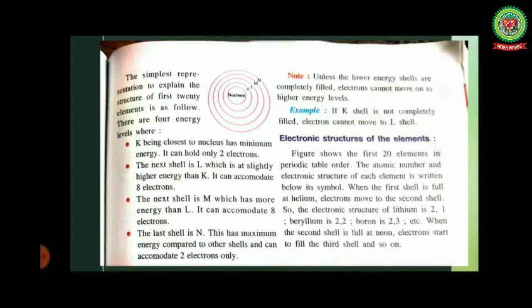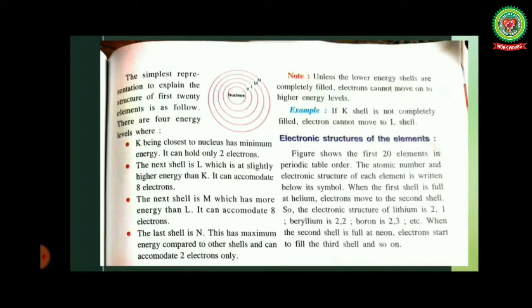Note, unless the lower energy shells are completely filled, electrons cannot move on to higher energy levels. Example, if K shell is not completely filled, electrons cannot move to L shell. Taking an example, suppose I am talking about oxygen, whose number of electrons is 8.